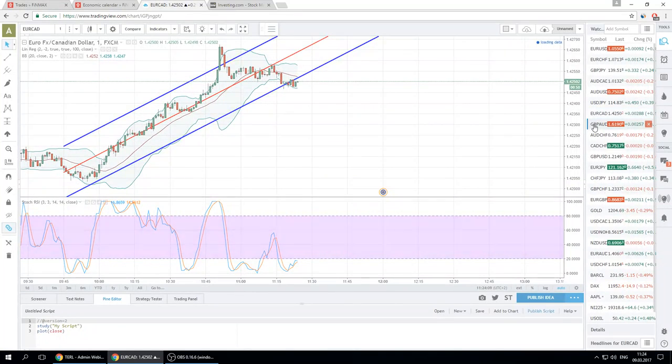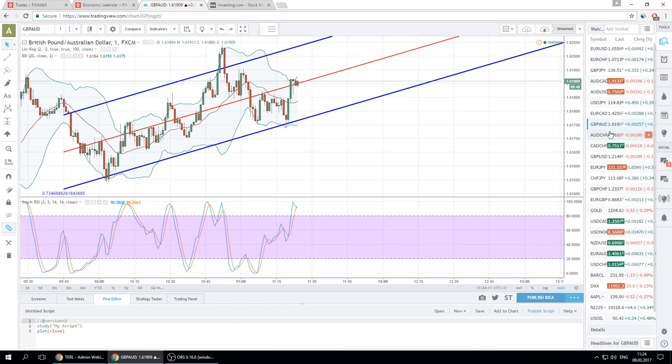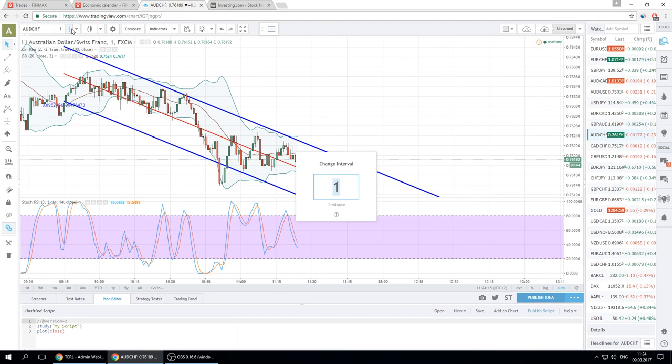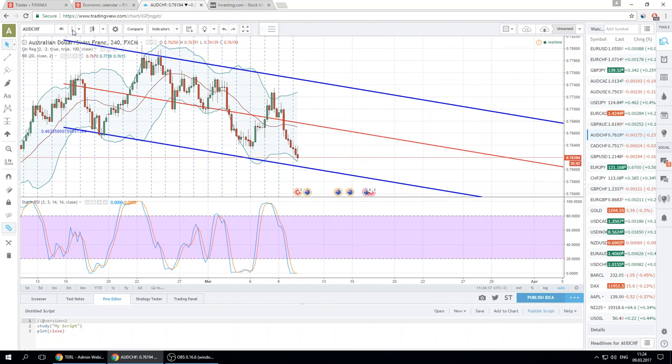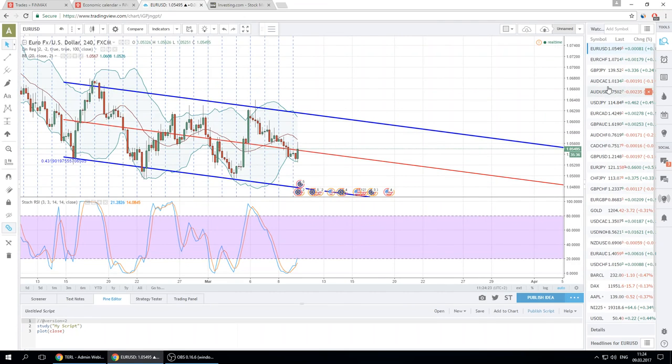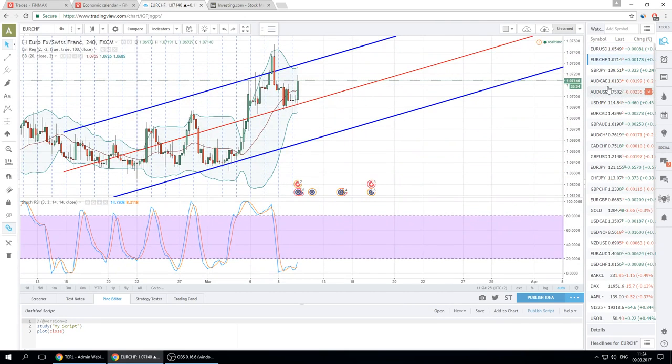And also I wanted to switch to the longer time frames, to see what trades we can open that will expire within a couple of hours.